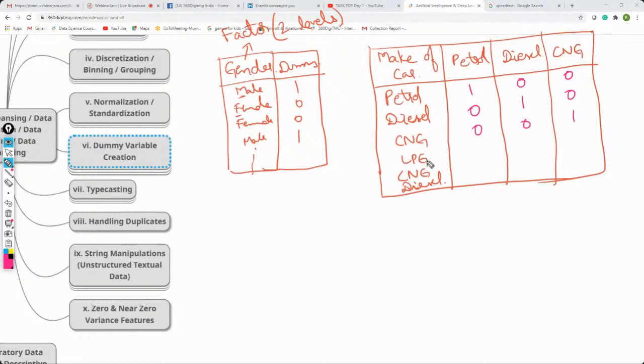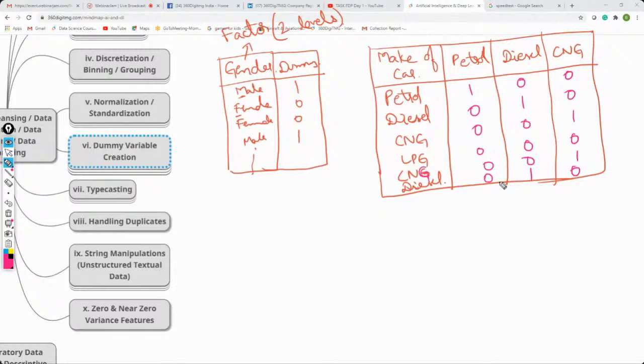For LPG, it is neither petrol nor diesel, nor is it CNG. So it is assumed that if it is not these three, it will be the other level, which is LPG. Again, you have CNG. So it's a CNG vehicle, you put a 1, 0. Diesel, you put a 1 against diesel.